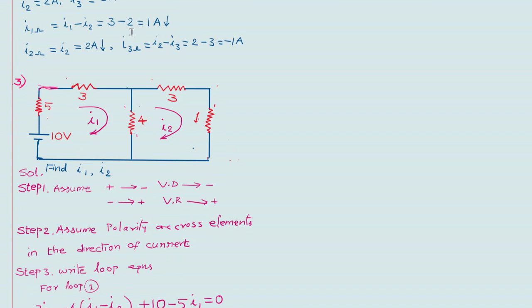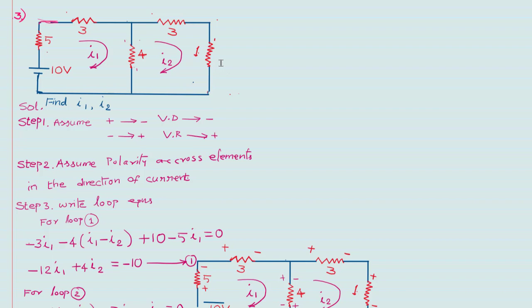Hello friends, today I will discuss the numerical problems on mesh analysis. So let me take a problem like this. Here it is a 10 volt supply connected to a 5 ohm resistor, and that 5 ohm resistor is connected to a 3 ohm resistor, and then we have the 4 ohm resistor here, and here 3 ohms, and here a 1 ohm resistor, like this.